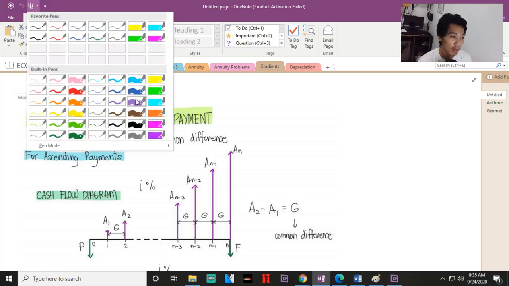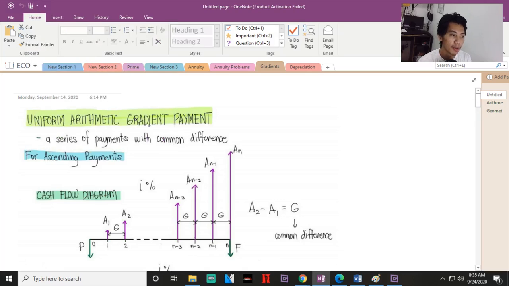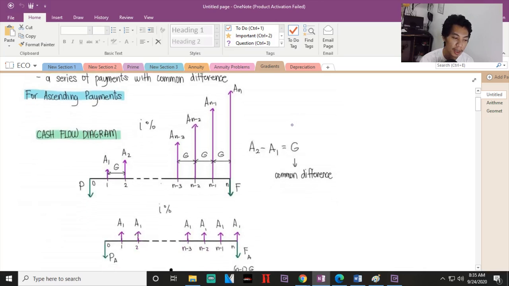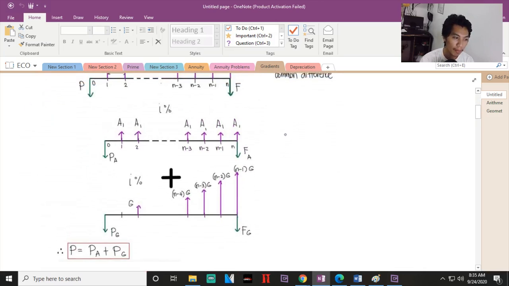And then after nun, the succeeding ones will always have equal gradients or common difference. Kahit ilang beses ka mag-payment dyan, equal pa rin yung kanilang difference.